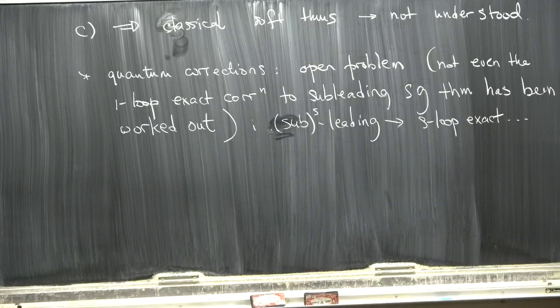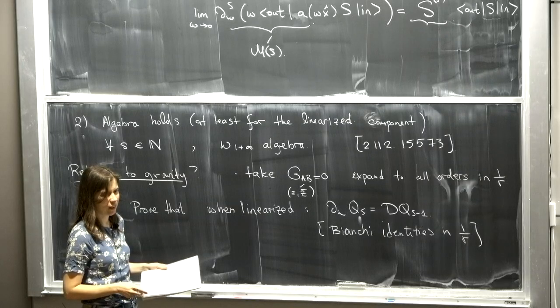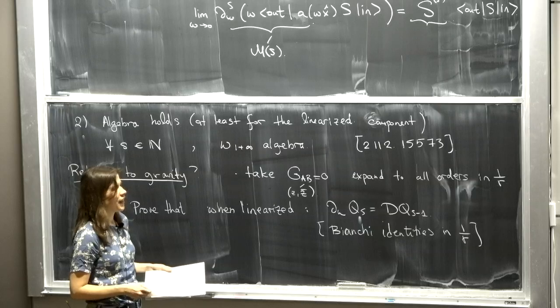Is it true that higher order corrections you only know how to calculate perturbatively, and they are altogether not known, and there is no non-perturbative generalization of that algebra? That is correct.